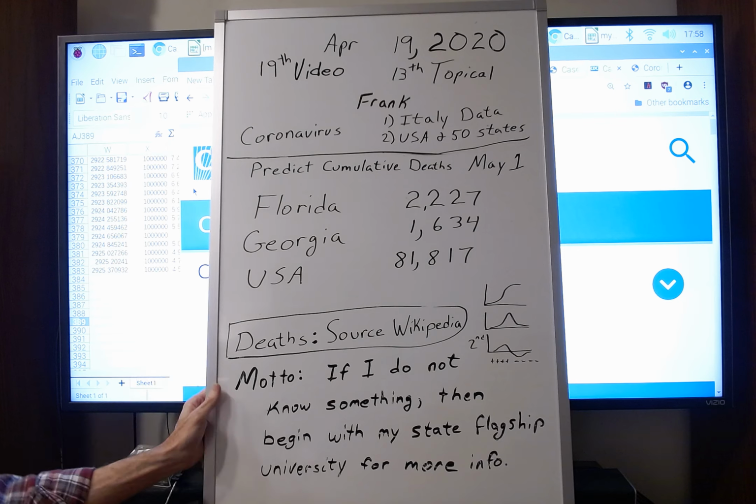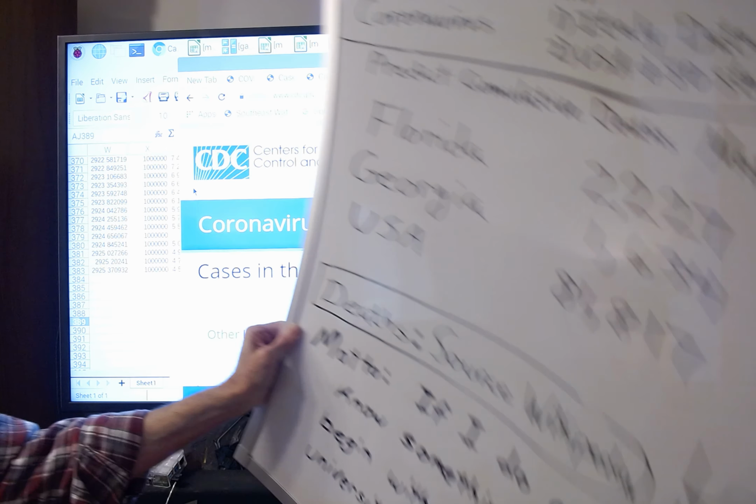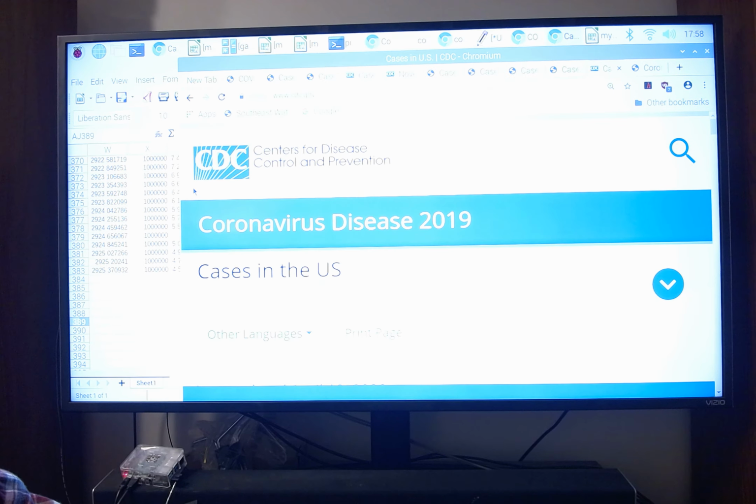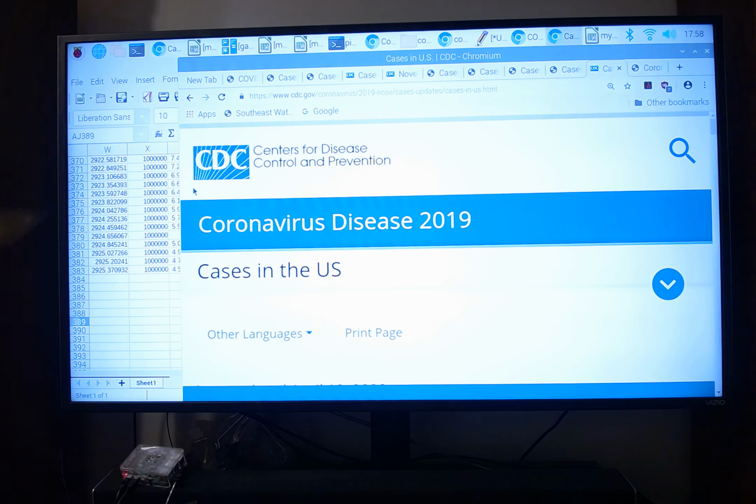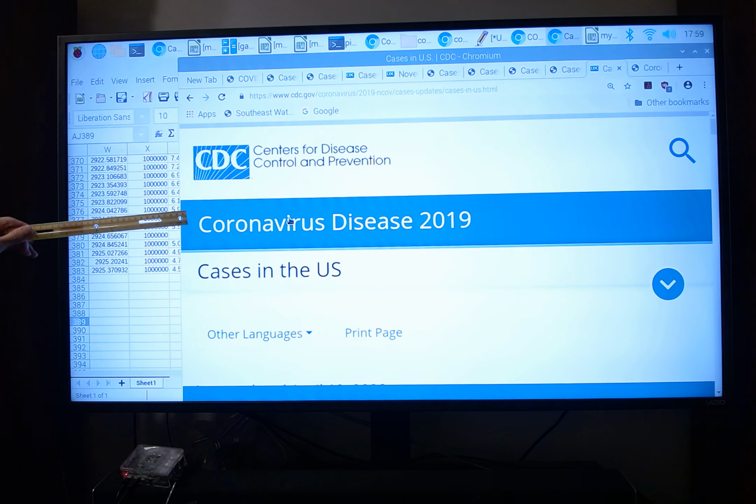Let's see what we got here. Here's my Raspberry Pi. It's been going the whole time, so it's kept all of my pages open here. And this is the CDC.